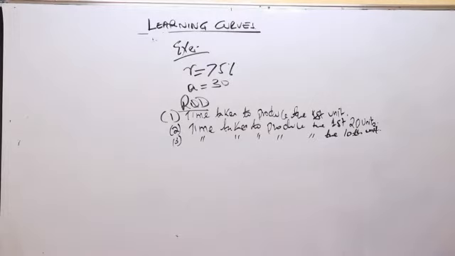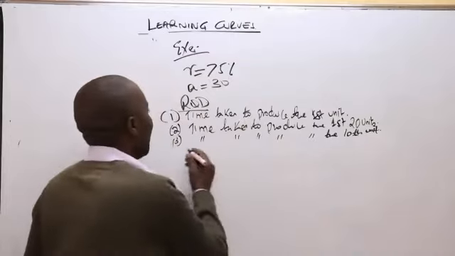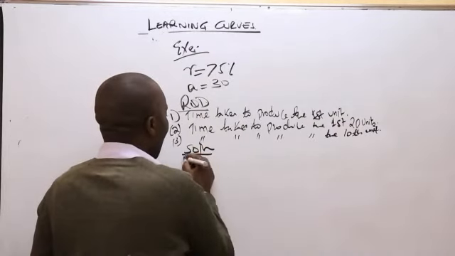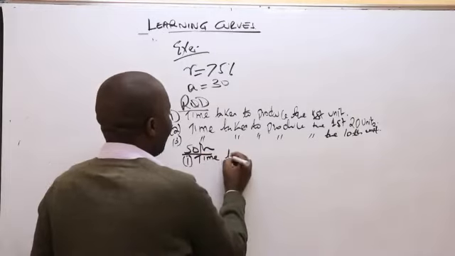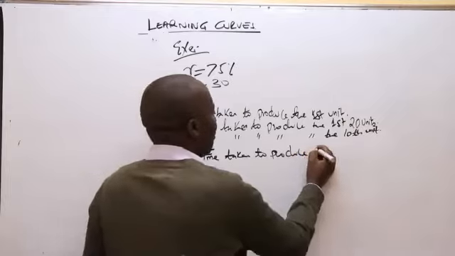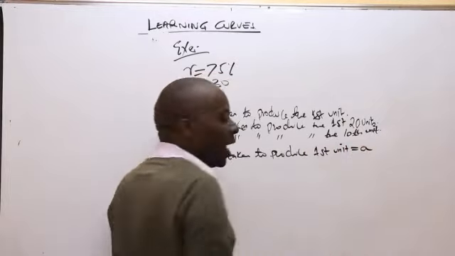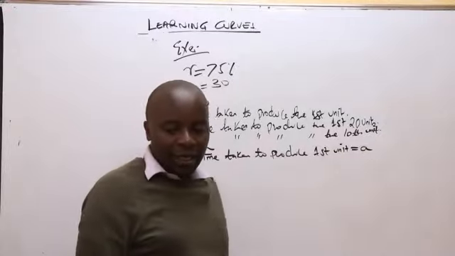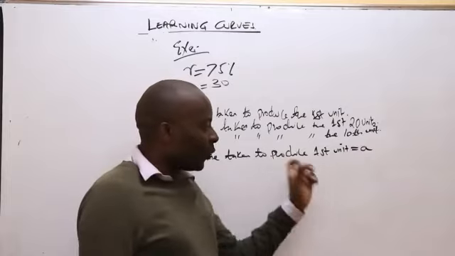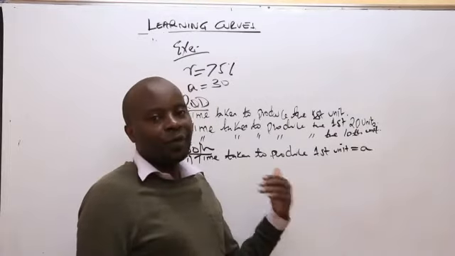Now, time taken to produce the first unit. This is quite easy. So solution number one, time taken to produce the first unit is automatically A. A from our learning curves, ladies and gentlemen, is the one that designates the time taken to produce the very first unit.